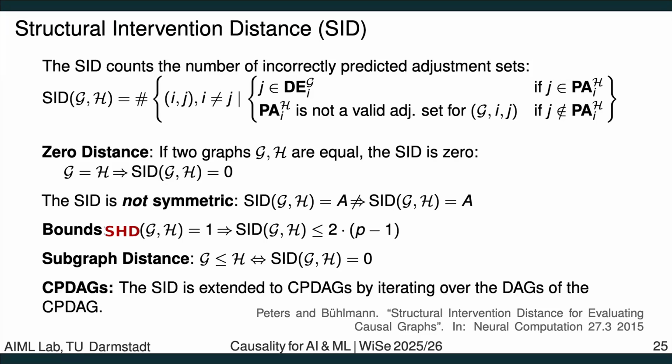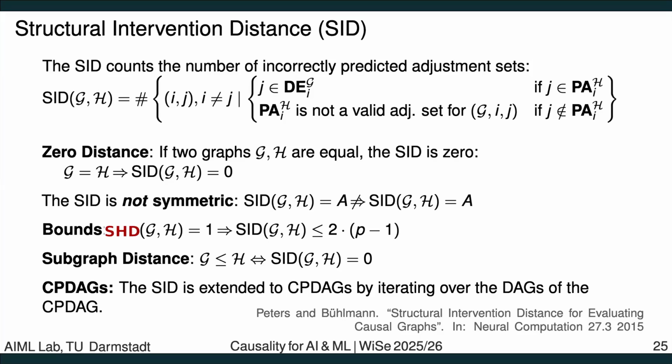And the main thing is, at the moment we were looking at completely directed DAGs, but usually what you recover are CPDAGs. So basically what you can do is, in a smart way, iterate over all the DAGs that are entailed by this CPDAG. I won't go into this.